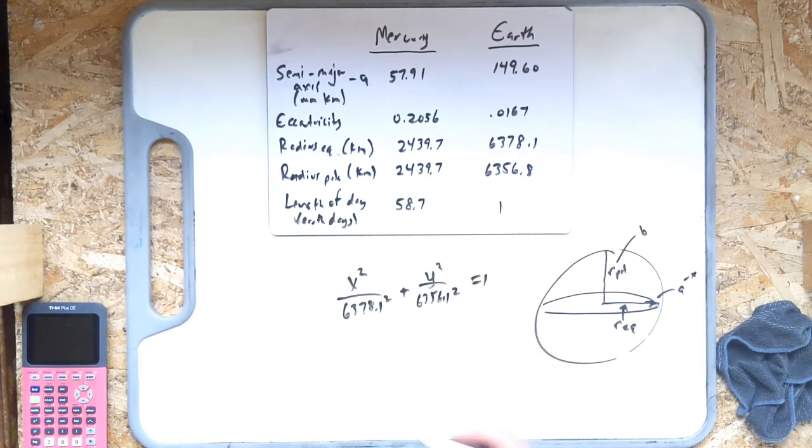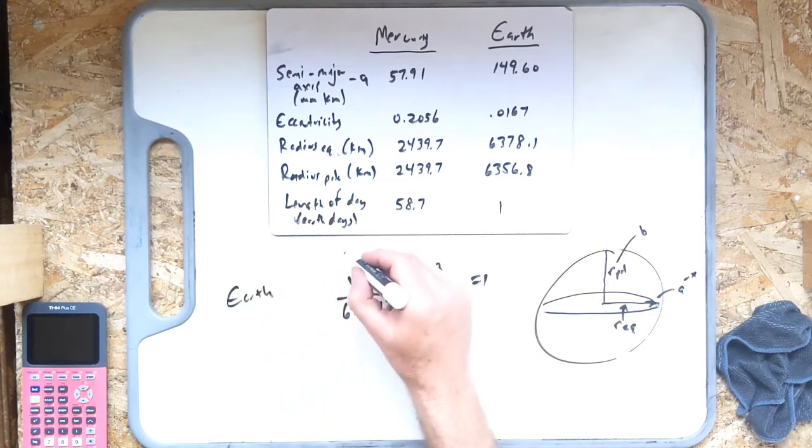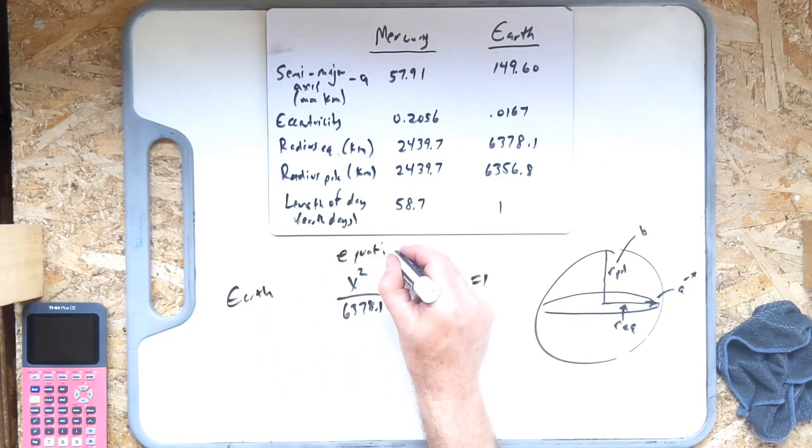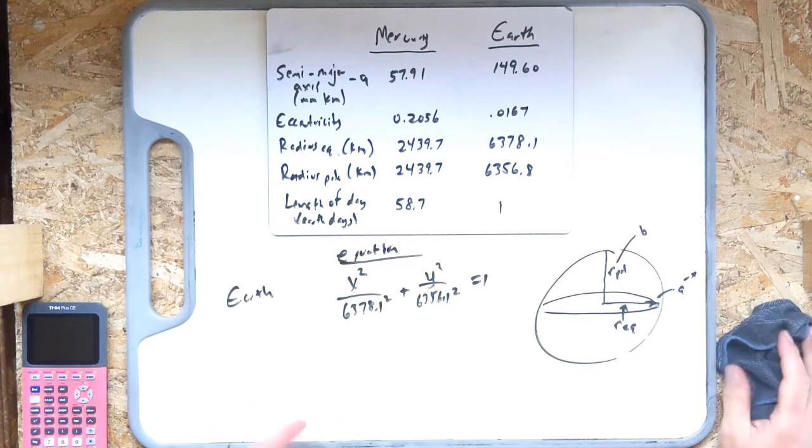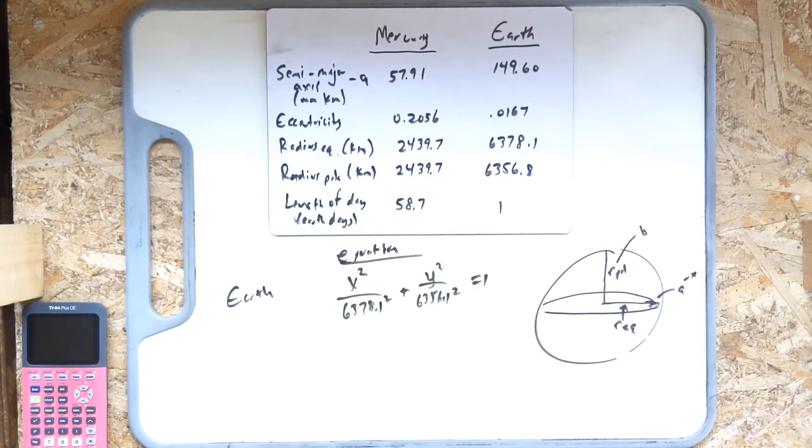So this is the equation that should go in that table for Earth. And you can see then the equations are actually pretty easy for problem 1 in the second section because you're just using the numbers in the table.